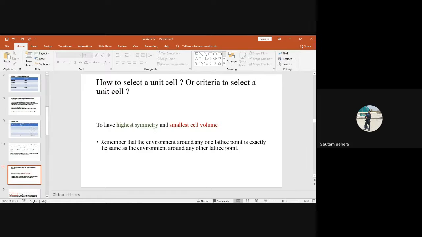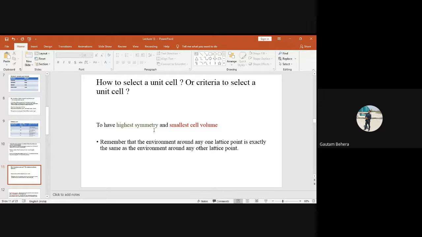Why are we choosing a particular unit cell? Let me see who can answer. We can have an infinite number of unit cells in a lattice, but why are we choosing a particular unit cell? Because we have to repeat that unit cell in 3 dimensions to produce the entire crystal lattice.